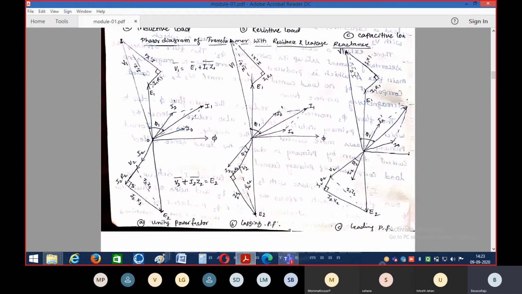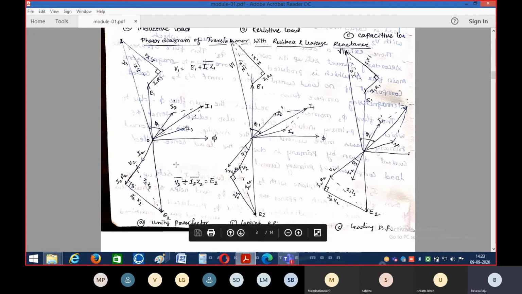If you add the voltage drop due to the resistance of the primary and the voltage drop due to the reactance, then we will get the voltage drop due to the impedance. Now from the origin, if you represent this vector, it is nothing but the V1 vector.